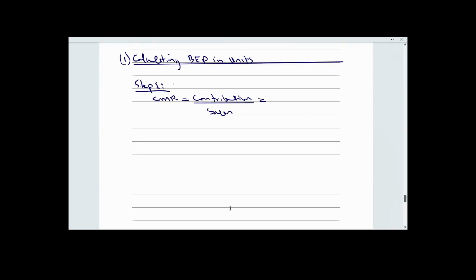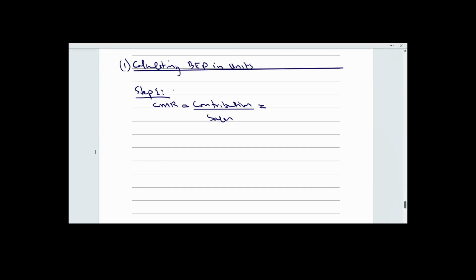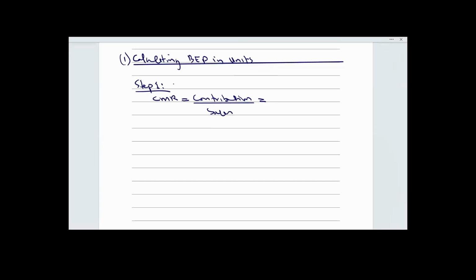Let's go back to the question. You are given total sales of 18 million naira. Total variable cost is 50% of 18 million naira, which means that contribution will be 50% of total sales.